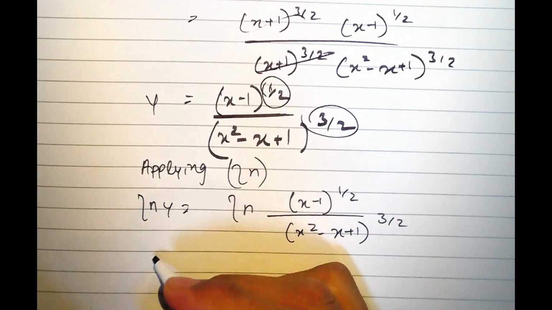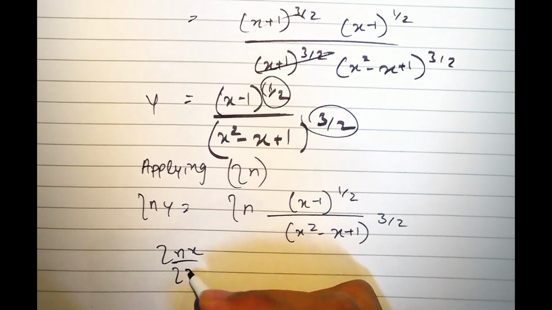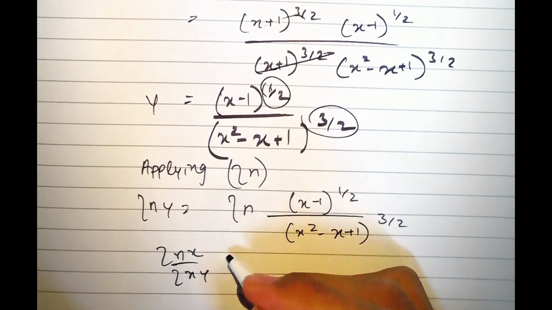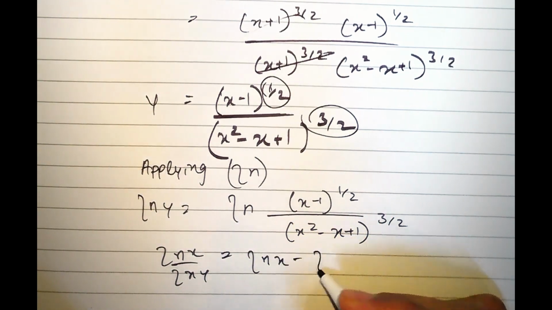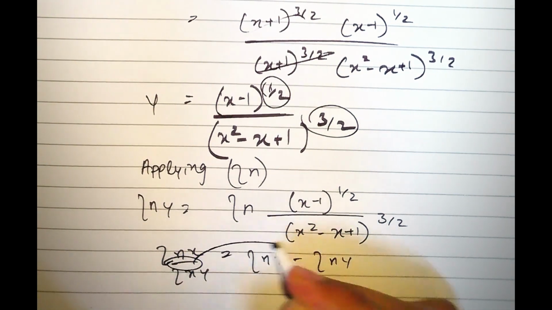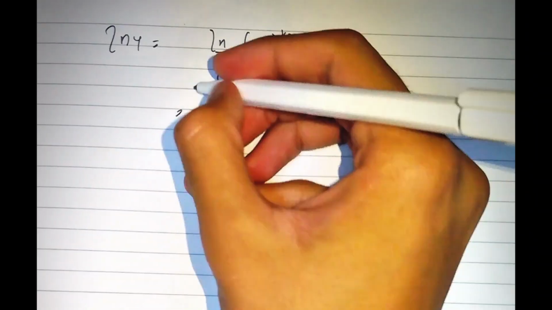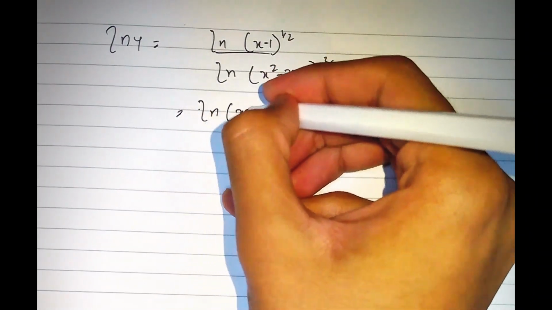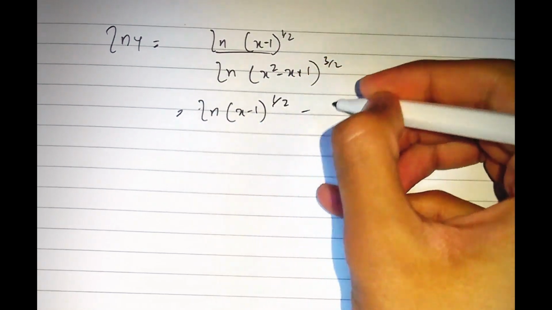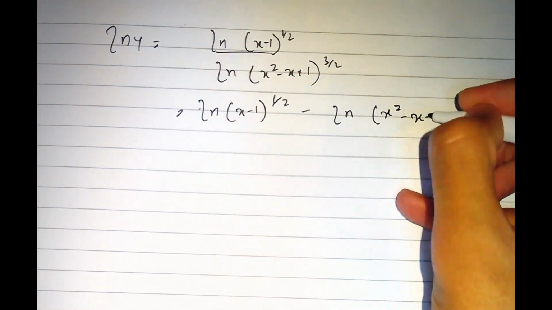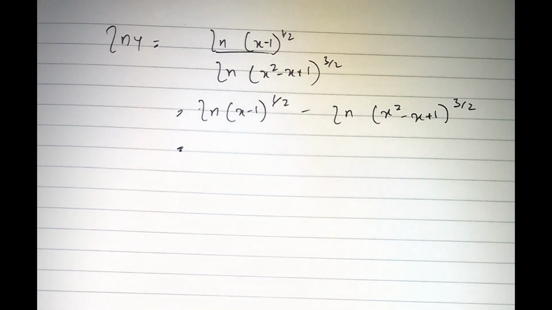We know that whenever we have log x divided by y, we can simply write log x minus log y. So the division actually represents subtraction in the log world, you can say. So I can subtract these functions, and I will be left with minus log of x squared minus x plus 1 to the power 3 by 2. Okay, so I hope you get the point.